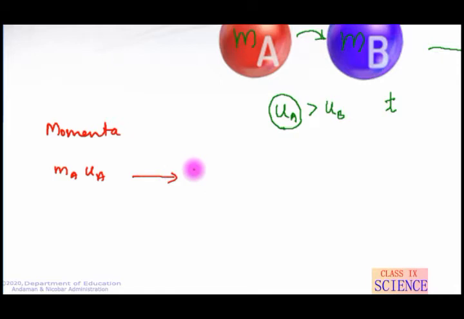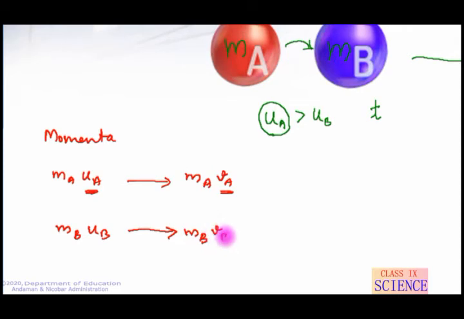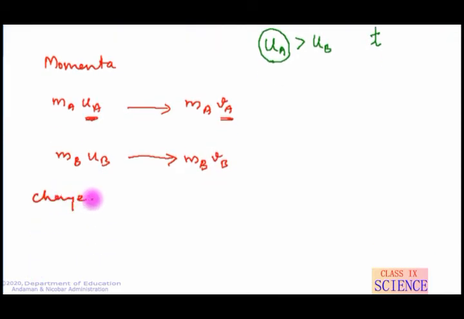After collision, it is mAvA. Similarly, the momenta before and after collision of ball B are mBuB, and after collision, the momentum will be mBvB.